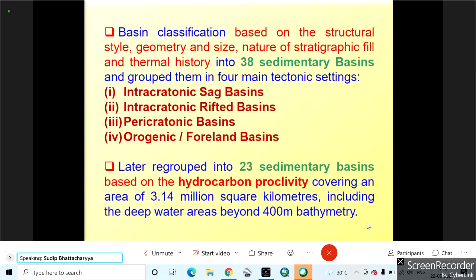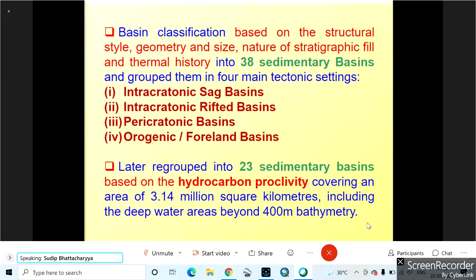So these 23 sedimentary basins cover an area of almost 3.14 million square kilometer, including the deep water area beyond 400 meter bathymetric. So these 23 sedimentary basins should be our objective for hydrocarbon prospecting. Others are not that much important.